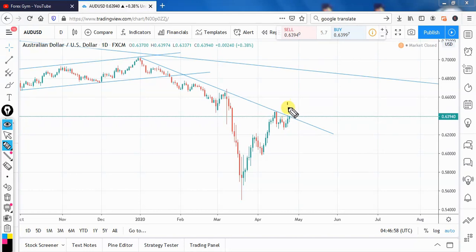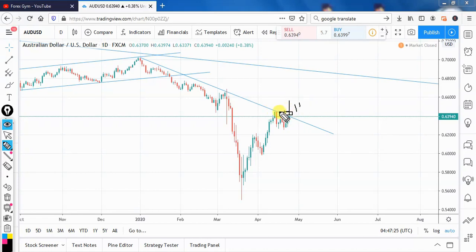I'm pretty bad at drawing, I do admit that, but let's say the price came up like this. That means it's kind of broken, but not really broken. It closes like this, sort of an inverted hammer. Then I would not be interested until the price continues and closes nicely.